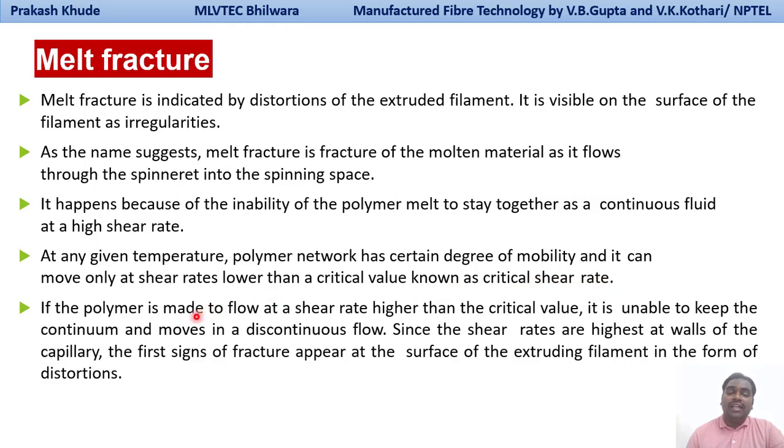If the polymer is made to flow at a shear rate higher than the critical value, it is unable to keep its continuum and moves in discontinuous flow. Since the shear rates are highest at the wall of the capillary, this is where the first sign of fracture appears, on the surface of the extruded filament in the form of distortion.